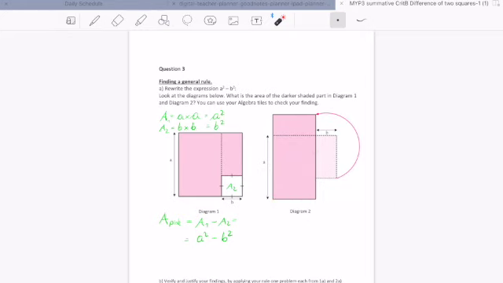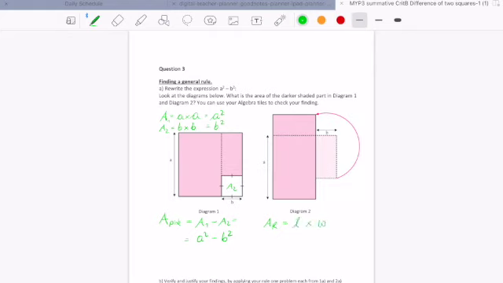And I told you that this pink area is equal to this pink area and that you should be using the area of a rectangle being calculated by length times width.